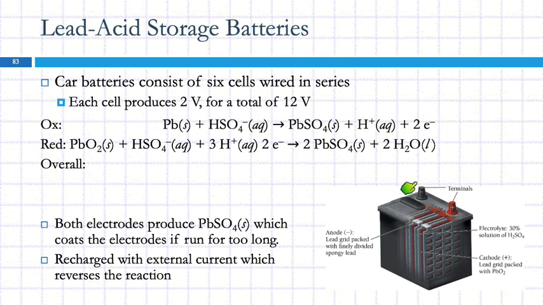When you see a lot of corrosion occurring on the terminals of your battery, that's usually due to a small amount of leakage, and that acid is going to corrode things very quickly. It used to be that you had to check the water level in your battery and add water sometimes, but now batteries are all sealed up, and so you don't have to do that anymore.